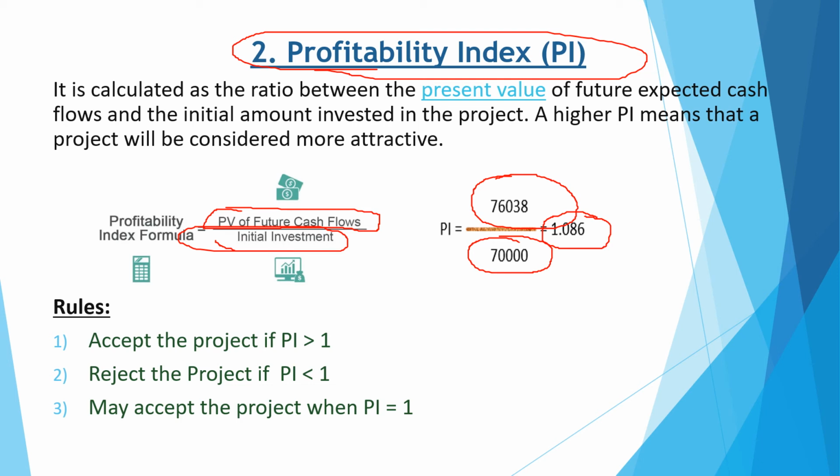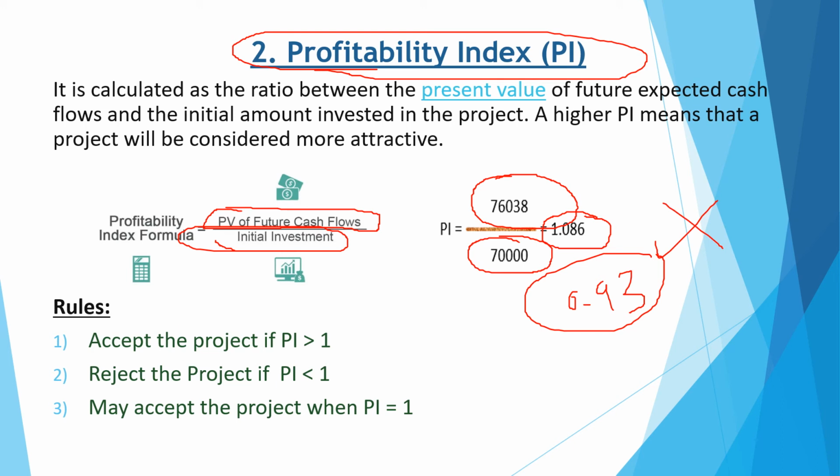And here are the rules. It says accept the project if the profitability index is greater than 1. We see that it is greater than 1. It is 1.086. If, for example, the profitability index is less than 1, suppose it was 0.93, we would reject this project because it is not acceptable for us.